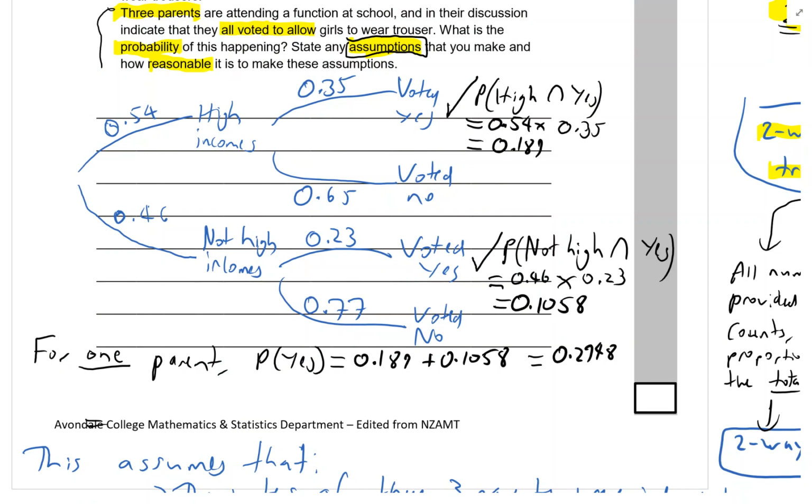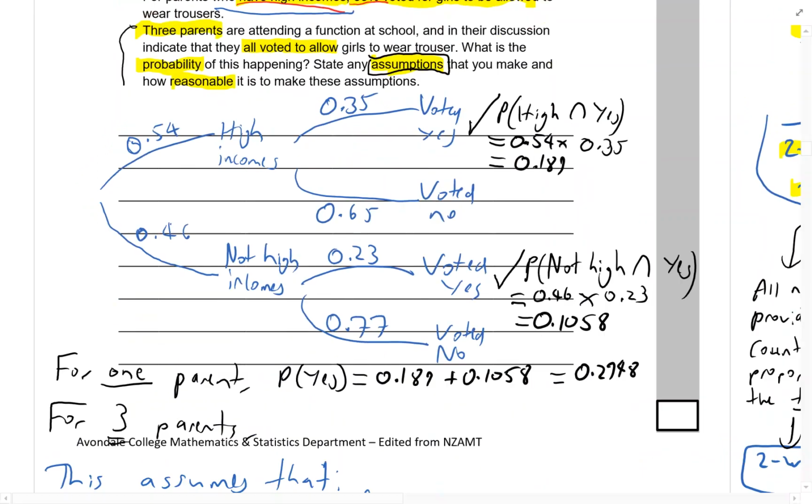Right, now what? Well, I want to work out that probability for 3 parents. Now, when we're talking about combining events for multiple events, so 3 parents all doing the same thing, we multiply. That's assuming what? It's assuming that those events are independent. So we'll talk about that in a sec, but in the meantime, we want to multiply 0.2948 by itself, and then by itself again.